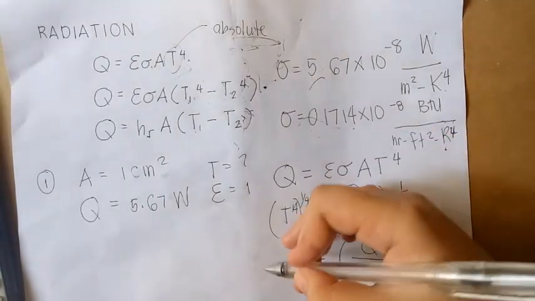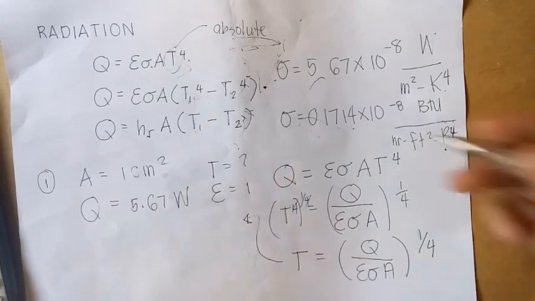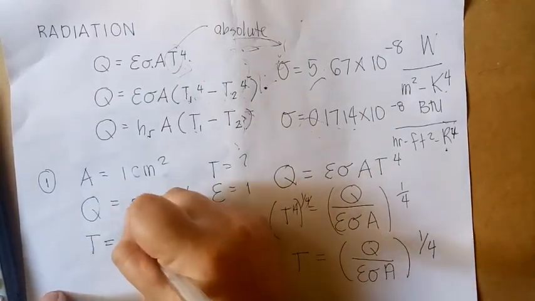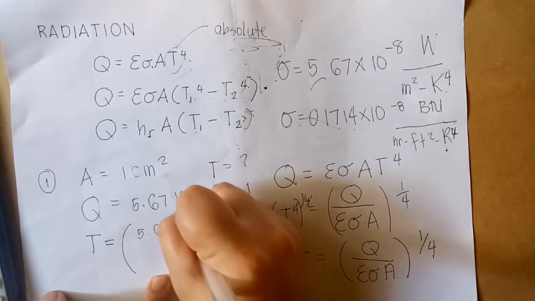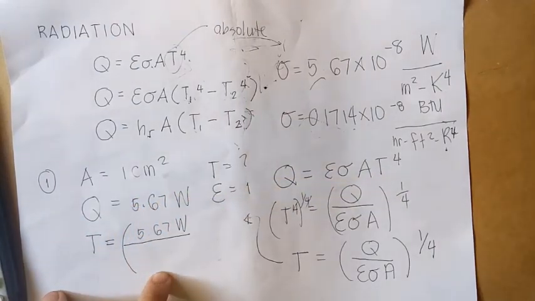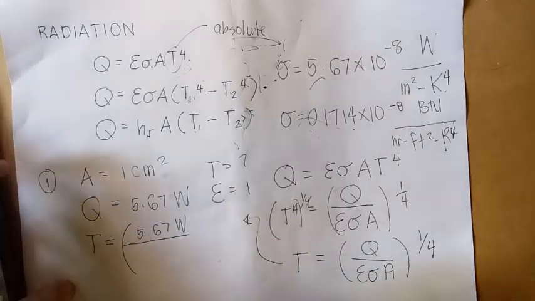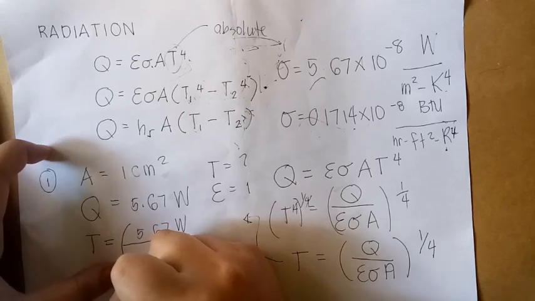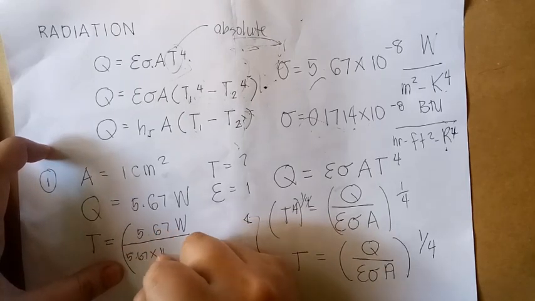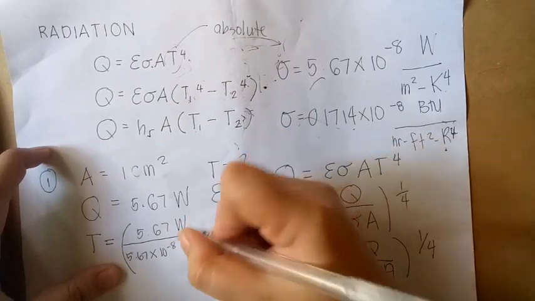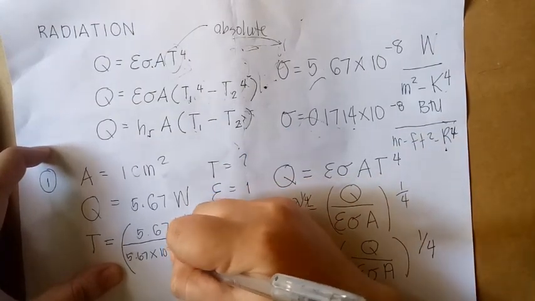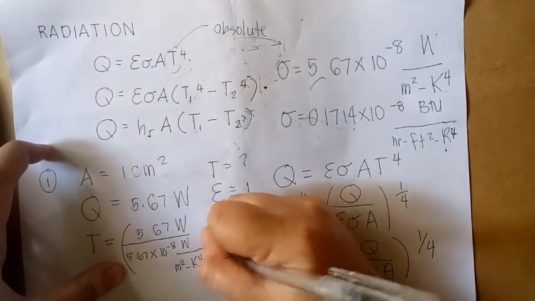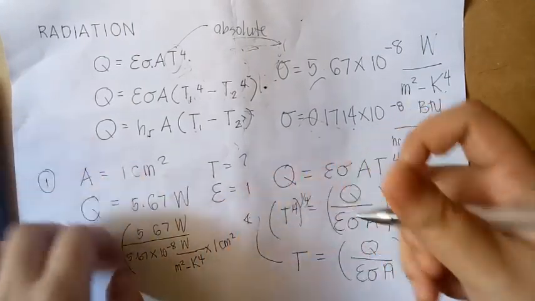Now, let us substitute the given into this equation. So, si T ay equal sa Q, 5.67 watts over this emissivity which is 1, hindi ko na isusulat, times sigma. So, yung sigma is 5.67 times 10 raised to negative 8 watts per square meter per Kelvin raised to 4 times the area which is 1 square cm.